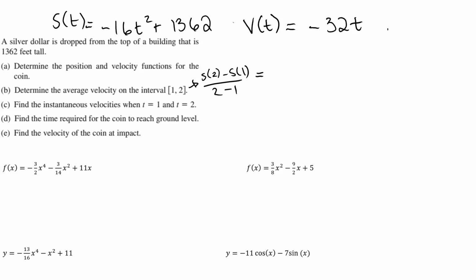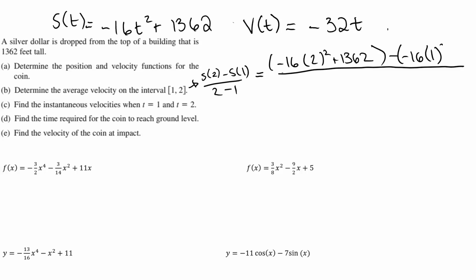So I'm going to have negative 16 times 2 squared plus 1,362, minus negative 16 times 1 squared plus 1,362. And then I've got 2 minus 1. And when you do that, you're going to get negative 48. So our average velocity, the unit for this problem is going to be feet per second.